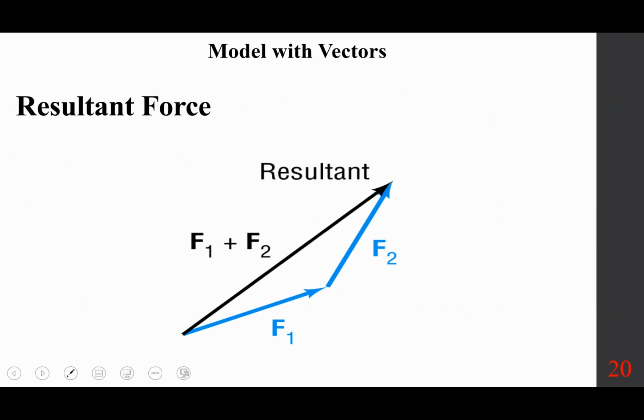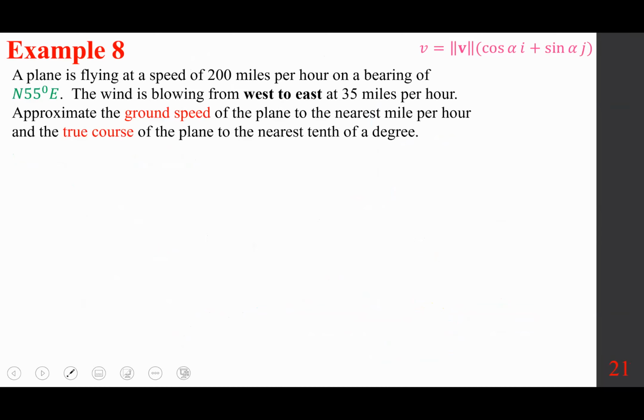Resultant force: when we have force 1, F1, and force 2, F2, and we want to add them up, we add them the way we add vectors. For example, a plane is flying at a speed of 200 miles per hour on a bearing of north 55 degrees east.